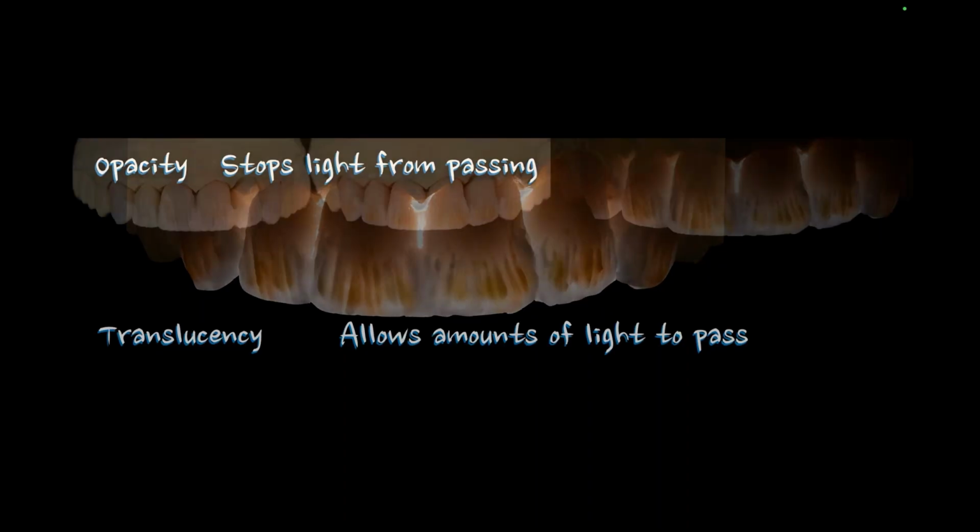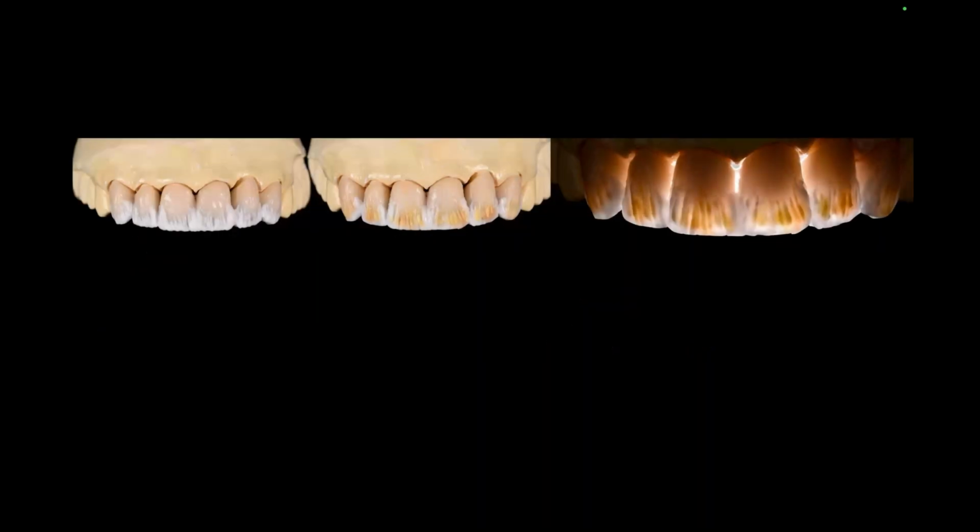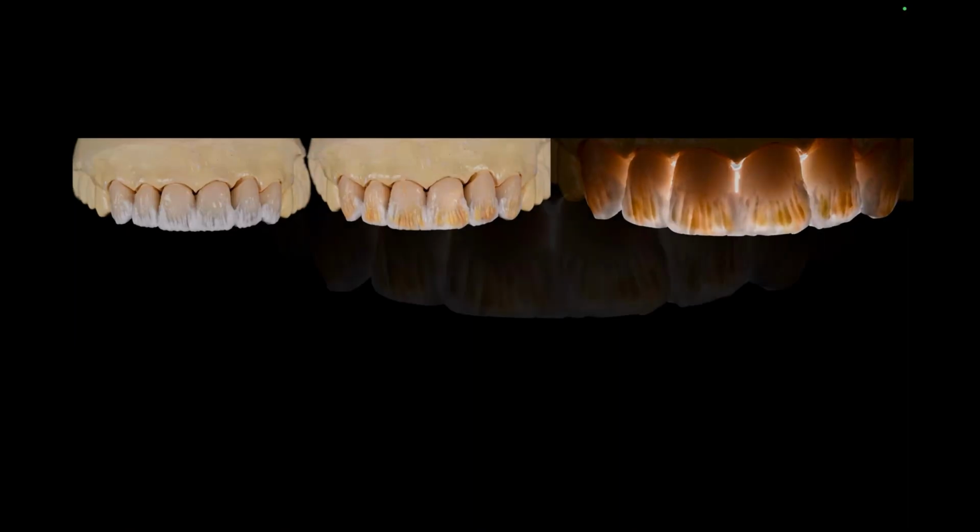Okay, so for me, how do I get that? I think most of you already know that I'm controlling most of my opacity to translucency through the layering process. And how I can get that is really from using more opacified or thicker materials, and I'll explain that as we go on, to using more translucent materials or thinner materials. So I want to say that again so we're all really clear.